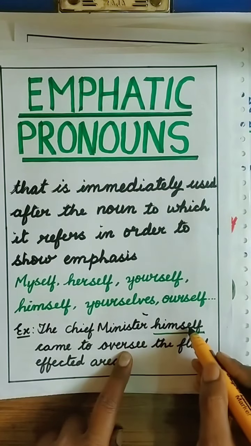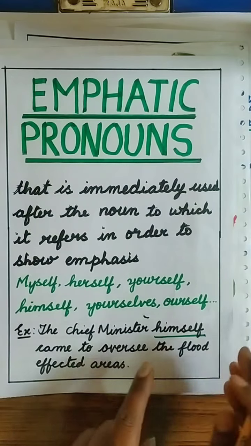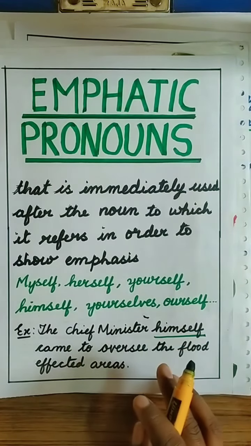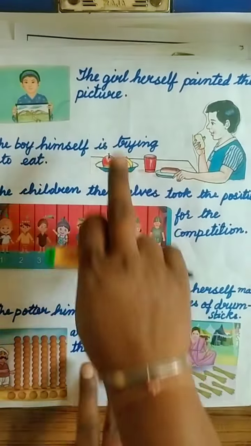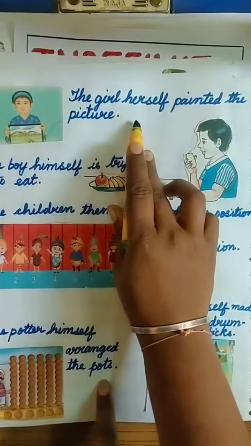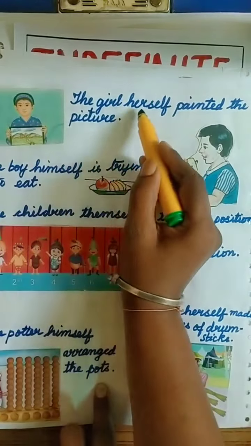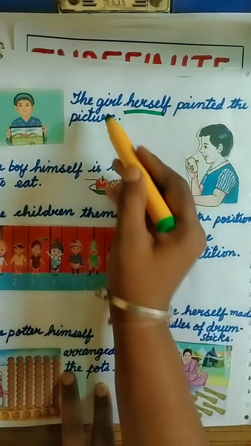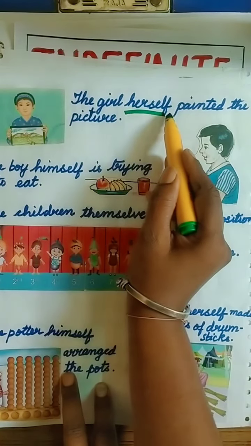So this himself is known as an emphatic pronoun, which plays an important role, right? The next example is the girl herself painted the picture. The girl is the noun and immediately herself follows, right?